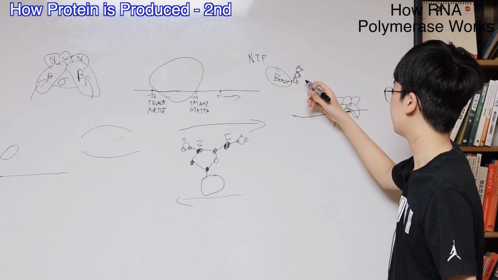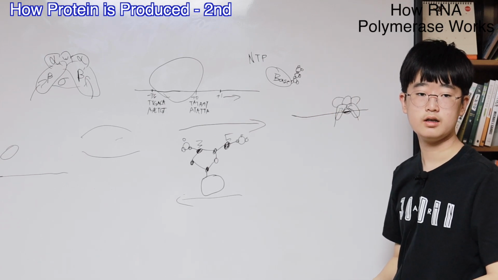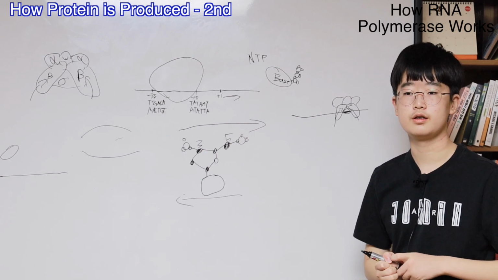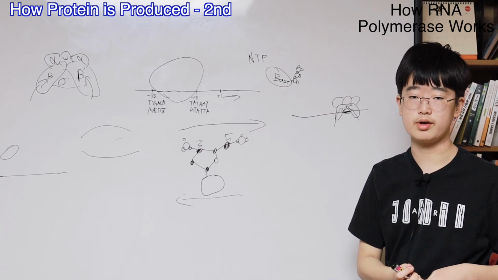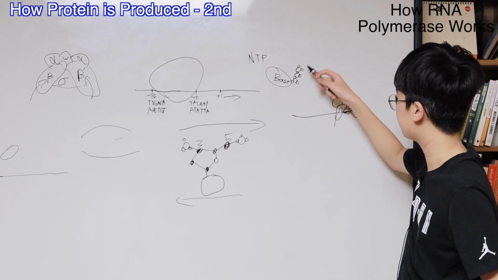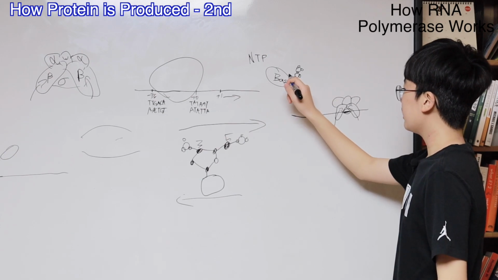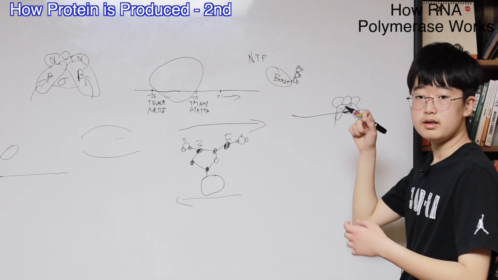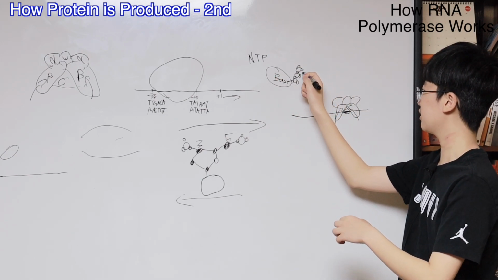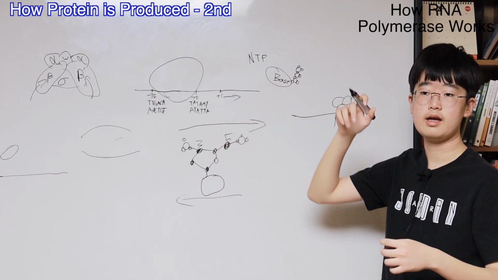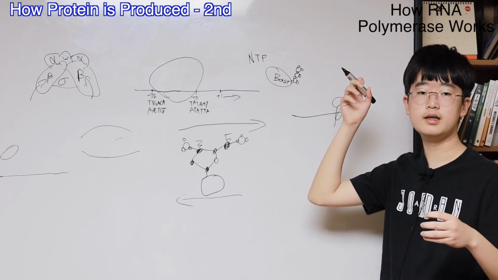And also, I said this is a triphosphate, and I also said that adenosine triphosphates derive energy. They bring energy using the 3 phosphates. When an NTP goes in, the two phosphates come off and give energy.